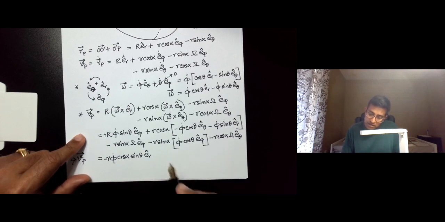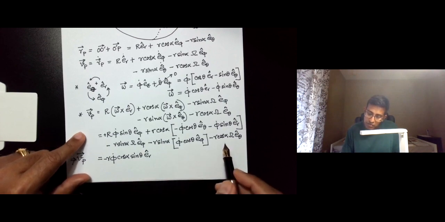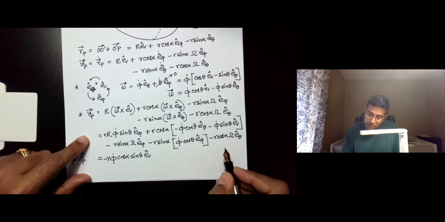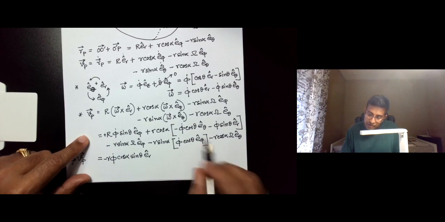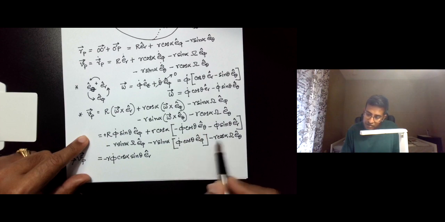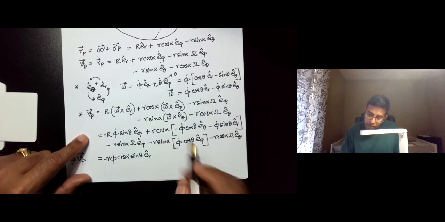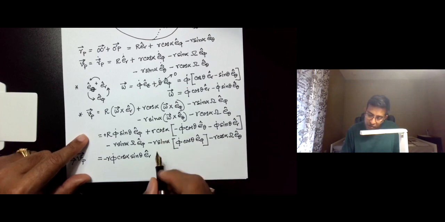And then the next component that we are going to put together is the component in the E theta direction. So let us collect all the terms in the E theta direction. So we have this term here and we have this term here. So there are two terms, both of them are actually negative, and both of them have R cosine alpha as a common term.